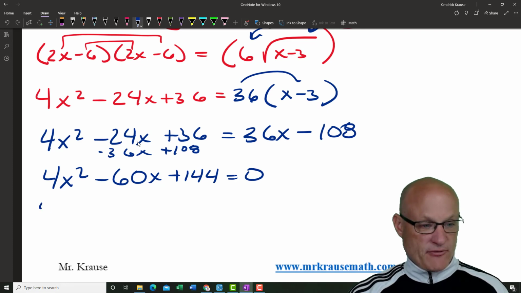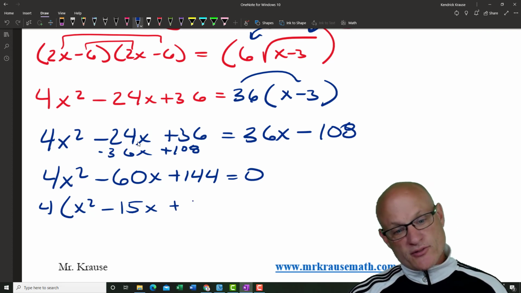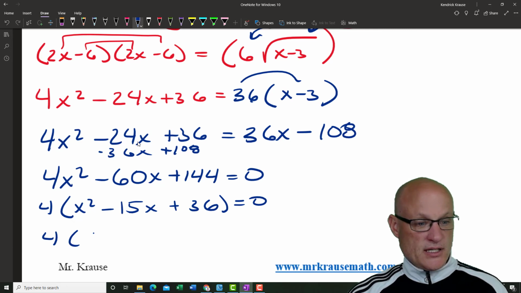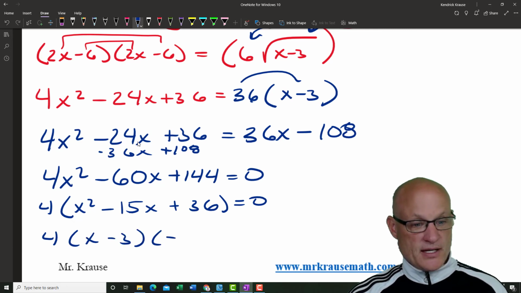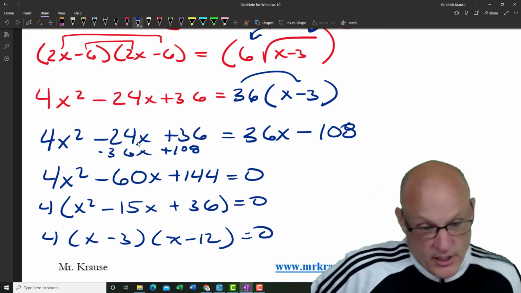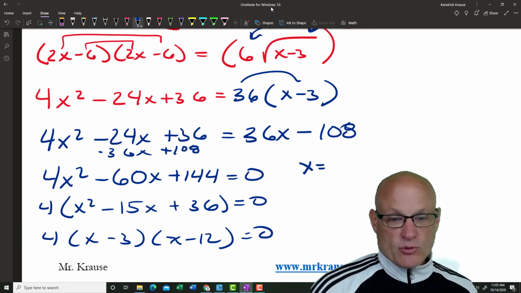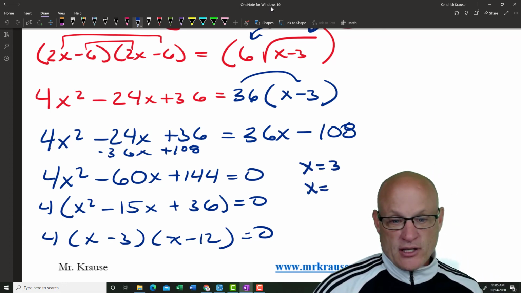I believe we can take out a 4 here. So we're left with x squared minus 15x plus 36 equals 0. x minus 3, x minus 12. Sorry, I'm moving pretty quickly. This problem's really hard. Those are my two answers. My two answers are going to be x equals 3 and x equals 12.